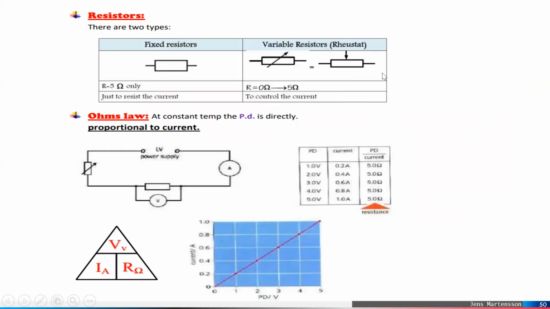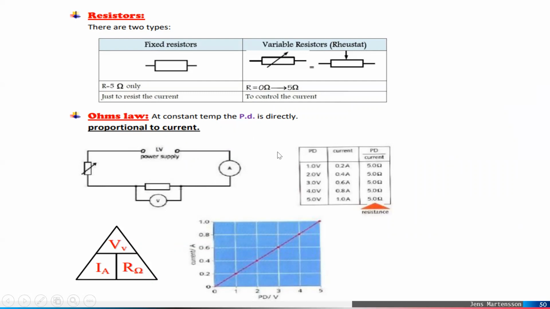Ohm's law is a mathematical rule that states that the relation between the voltage and the current is directly proportional at a constant temperature. So you can calculate the value of a fixed resistor by connecting this series circuit, which has an ammeter in series and a voltmeter in parallel to measure the voltage across the fixed resistor, and a power supply or a battery or a cell and a fixed resistor.